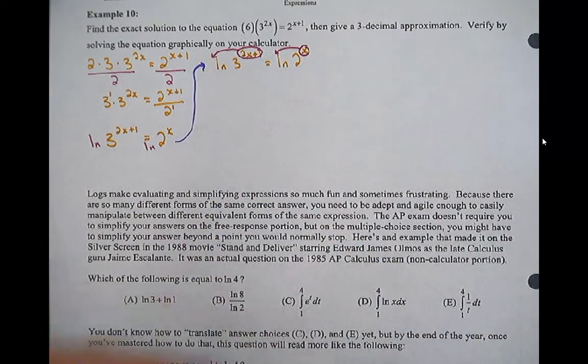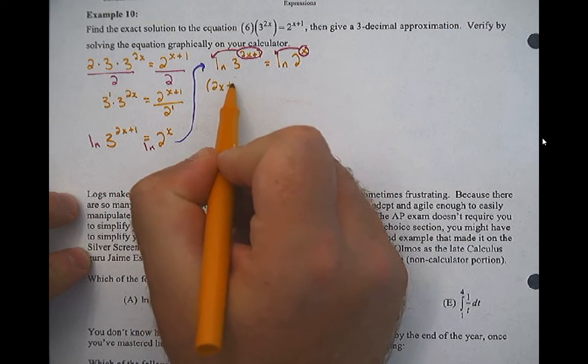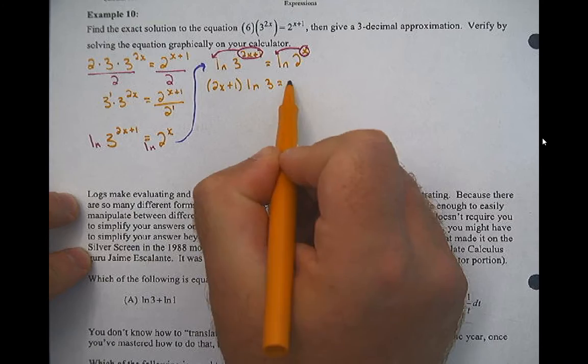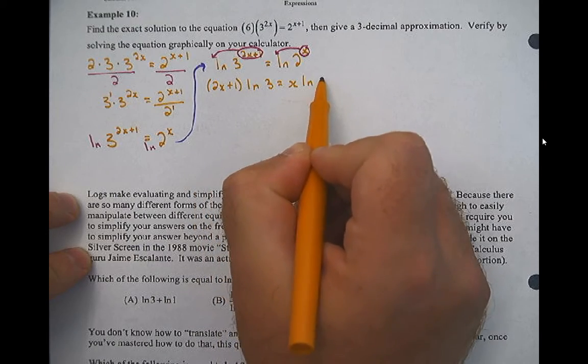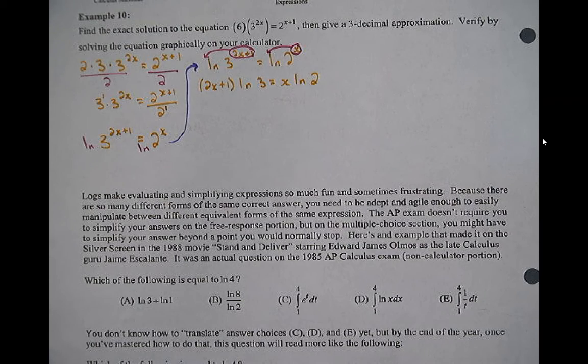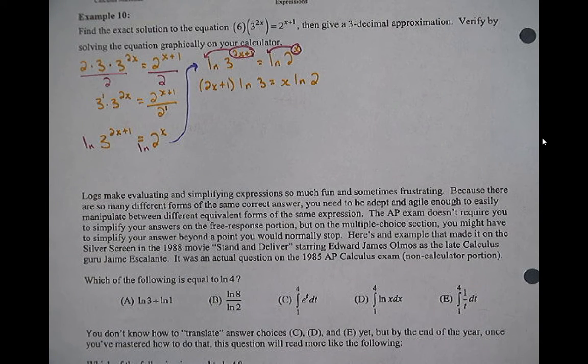And so I have the quantity 2x plus 1 times the natural log of 3 equals x times natural log of 2. Still looks nasty, but at least we don't have anything up in the exponent anymore. We've got our x's down on the same line.